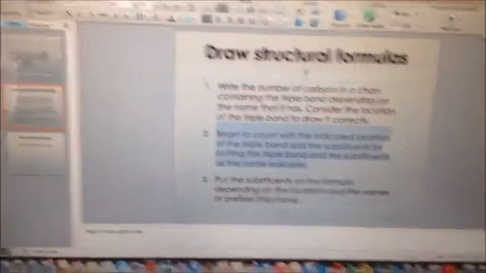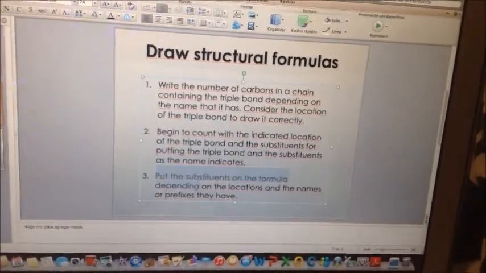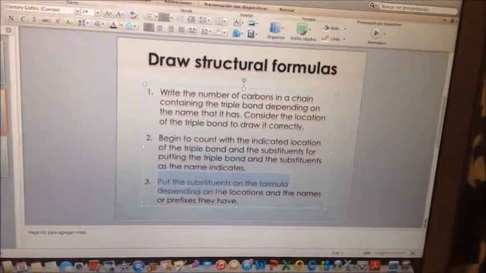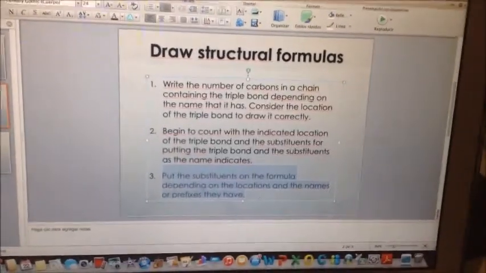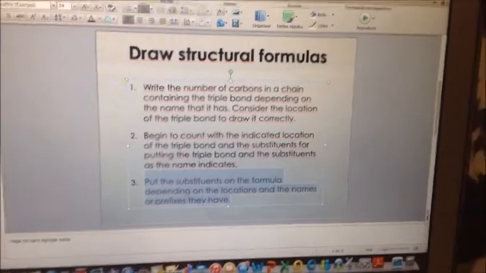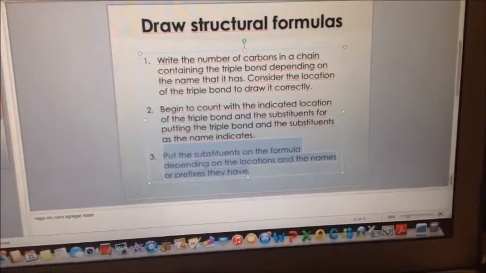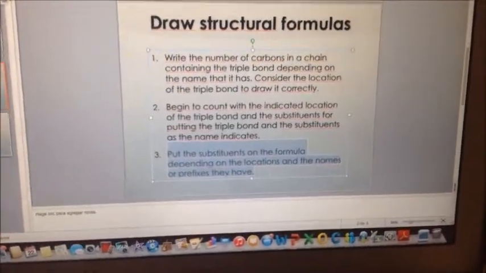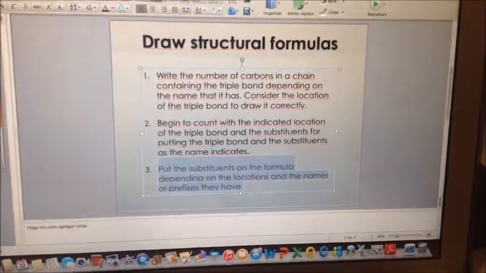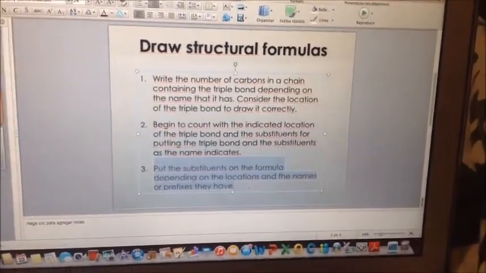And finally, you have to put the substituents on the formula depending on the locations and the names or prefixes they have. This means that if your alkene has substituents, you have to put them in the correct location so it matches with the name. And also, if there are 1 or more substituents, you put the correct prefix.